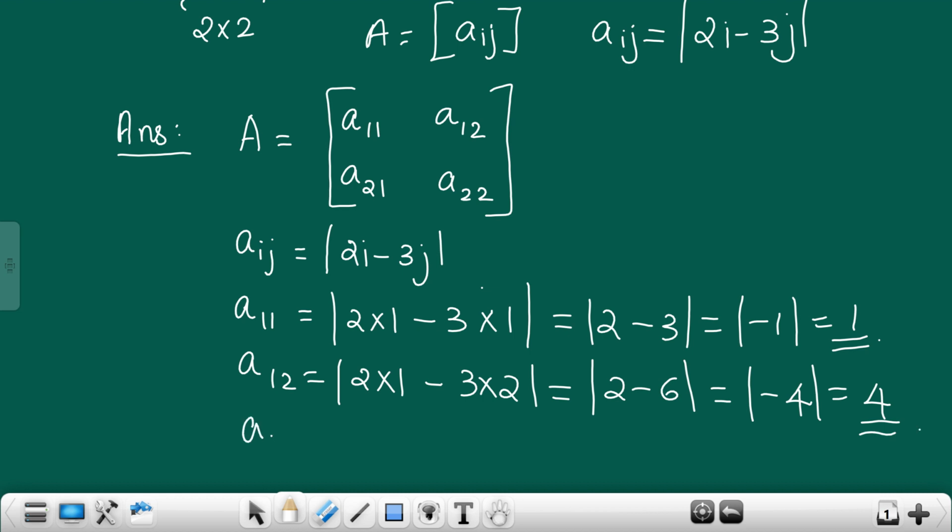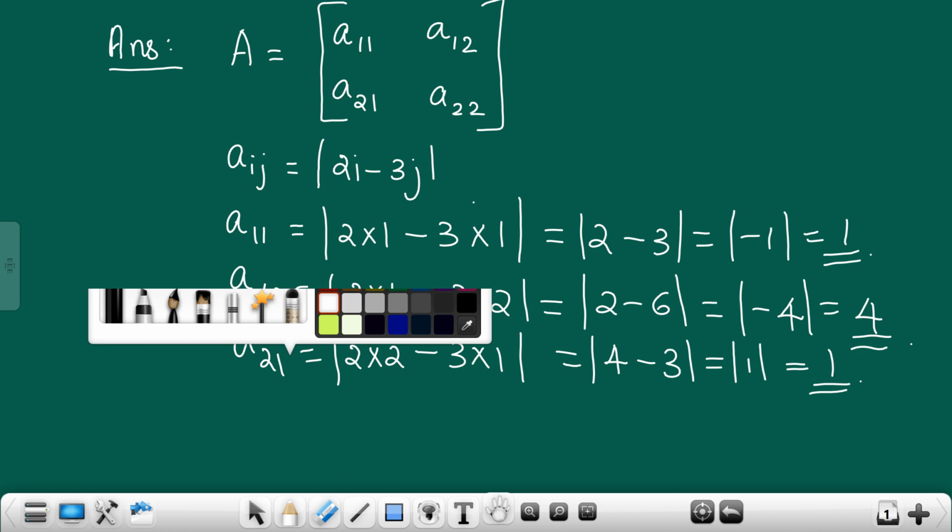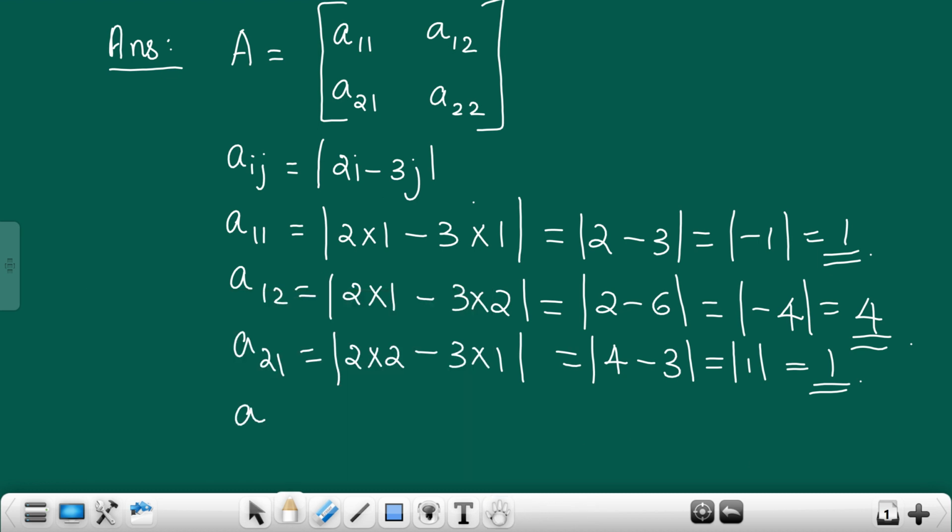Next element, A21. Modulus 2 into, here 2 equal to i, so we can write 2 into 2 minus 3 into 1, modulus 4 minus 3, which is equal to modulus 1, which is equal to 1. And the last element, A22.